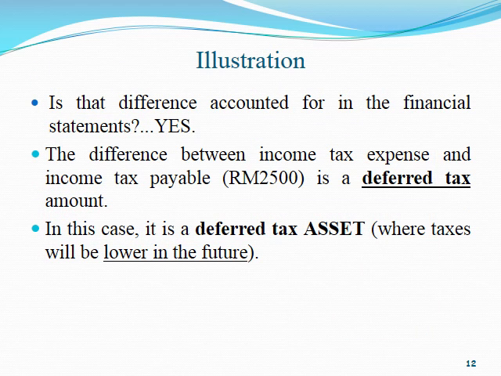Is that difference accounted for in the financial statements? Yes. The difference between income tax expense and income tax payable, RM2,500, is a deferred tax amount. In this case, it is a deferred tax asset, where tax will be lower in the future.